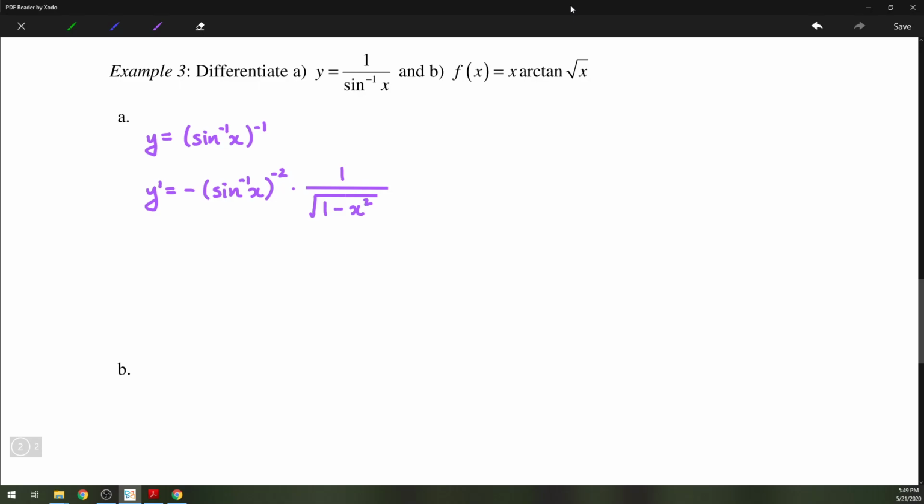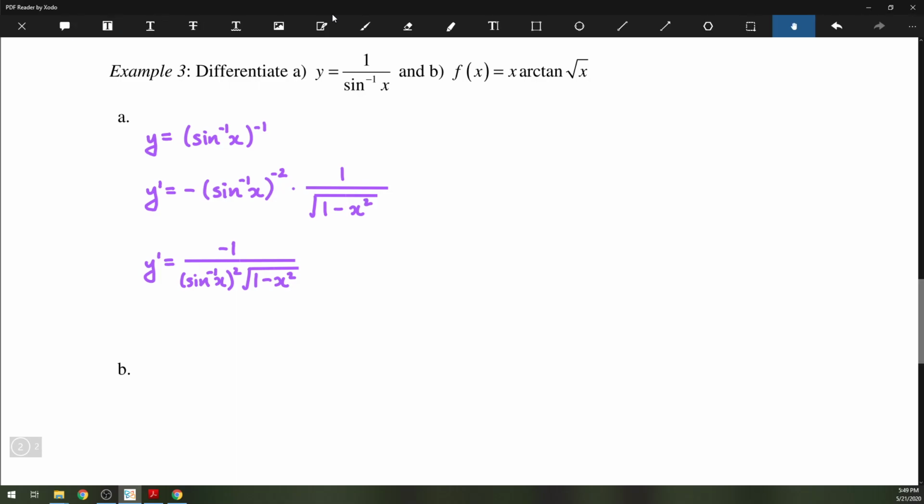And then, since the first term has a negative exponent, we can put everything together, and we'll get y prime is equal to negative 1 over arc sine x squared, and then the square root of 1 minus x squared. Okay, so that's pretty much as simple as it's going to get for simplifying. Let's do one more then.